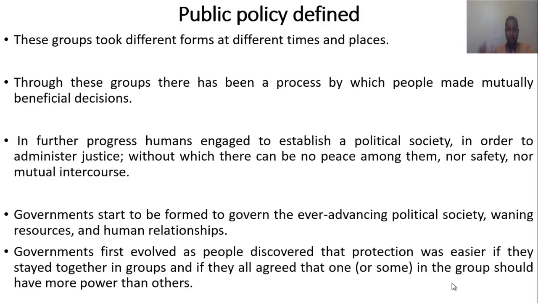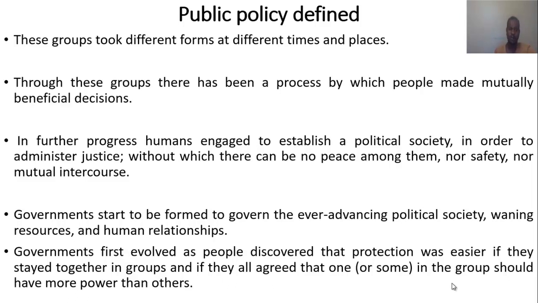The different forms of organized groups were established, and there has been a process by which people made mutually beneficial decisions. The groups are basically created for mutually beneficial decisions, even though sometimes dictatorship and autocratic groups can be formed.